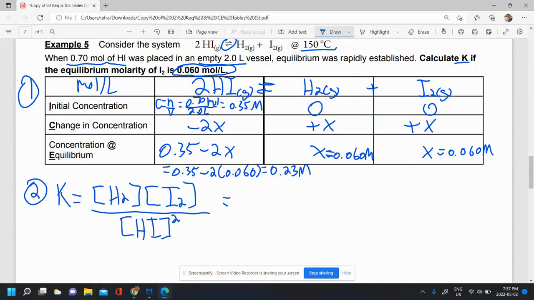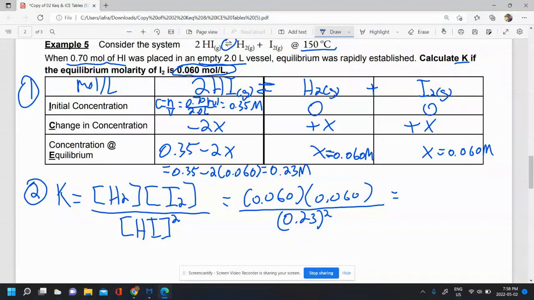And now we can plug these numbers in. So we'll have 0.060 times 0.060 over 0.23 squared. And we should get, let's see, 0.060 times 0.060 divided by 0.23 squared, 0.068.